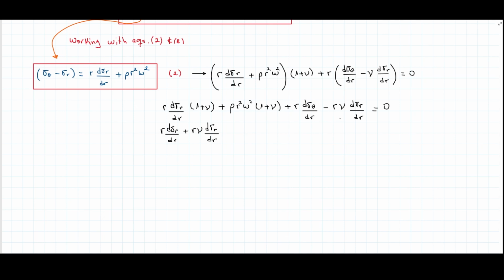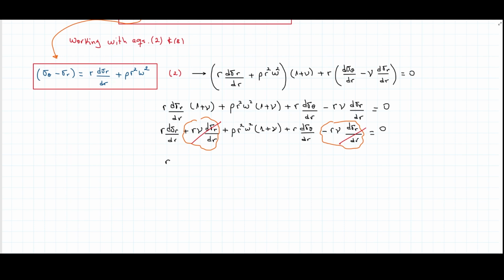Great, and then plus the rest of the things, just rewriting everything, minus this one. Now look at what interesting is happening here. We are equal to 0. We have this element here, and we have this element here, which are the same. So we can cancel them out, this one and this one. So we are getting to a more reduced version of things.